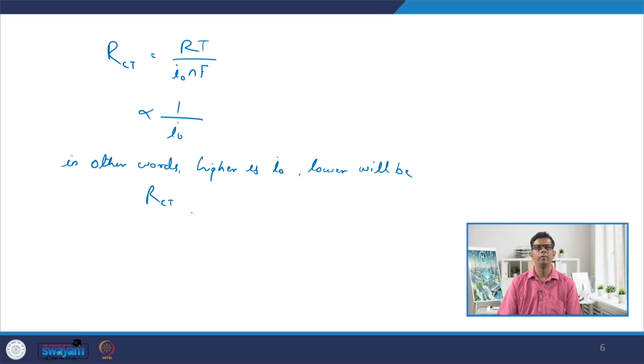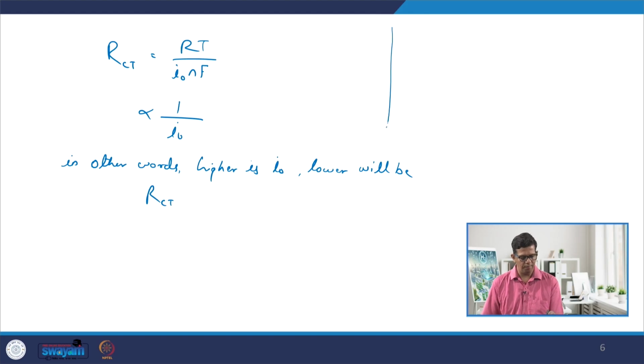And as we have seen before, the higher the exchange current, the better the catalyst will be performing, and this is one of the reasons why higher exchange current leads to a better catalyst. So, this is with respect to the RCT and how it looks in actual fuel cells.